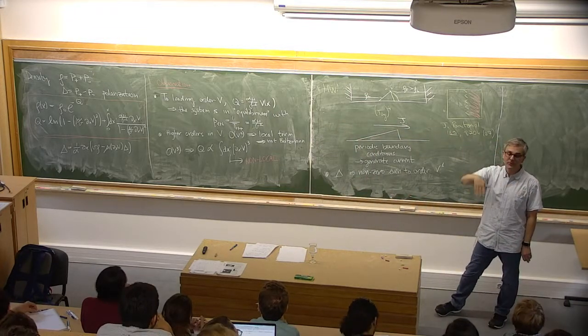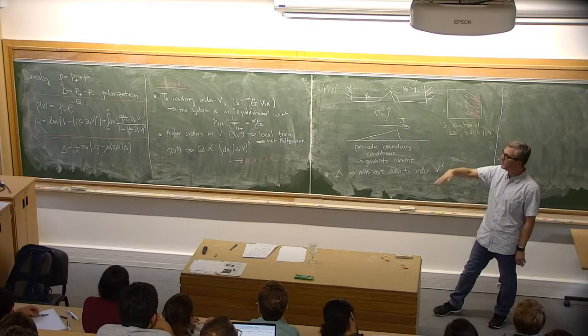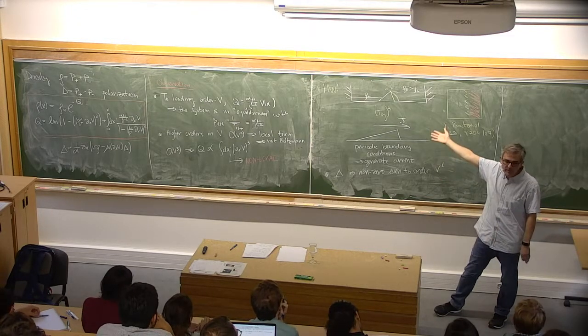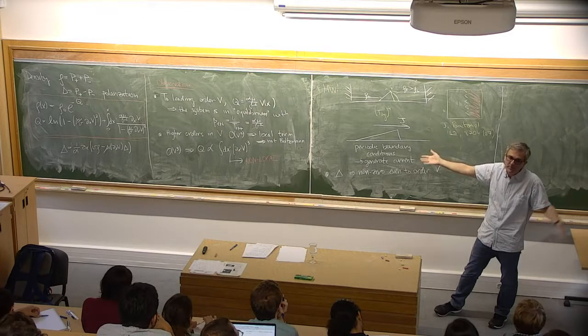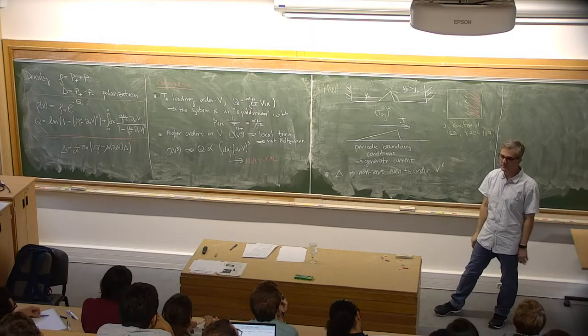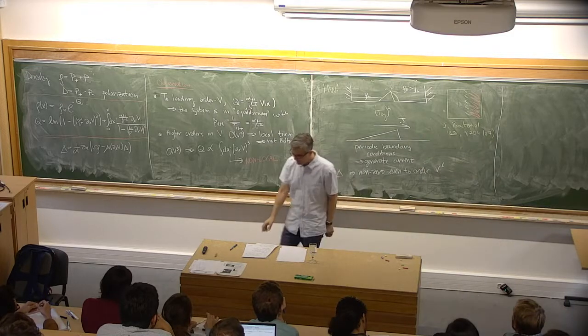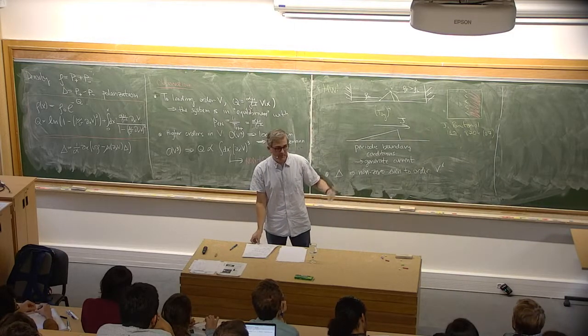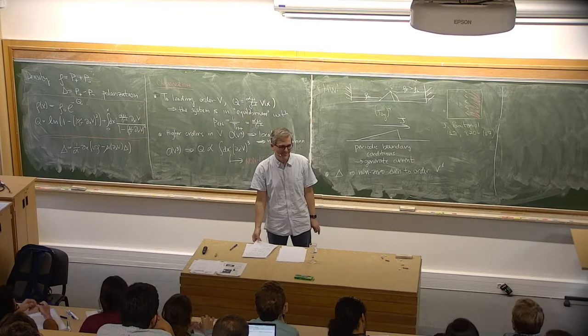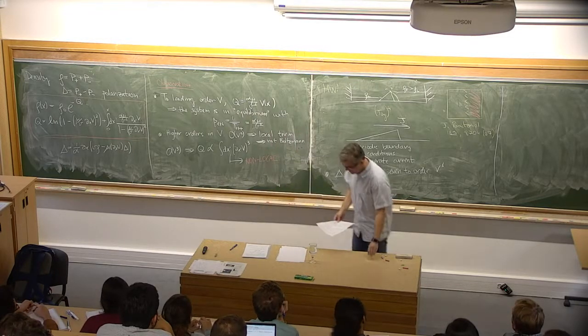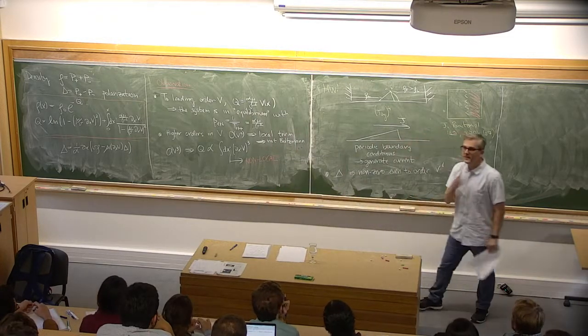There are very few exact expressions. For example, in 2D, give me a potential, tell me what's the probability distribution. It's just hard, you could do it perturbatively. And even then, they're not very pleasant expressions because it's non-local.